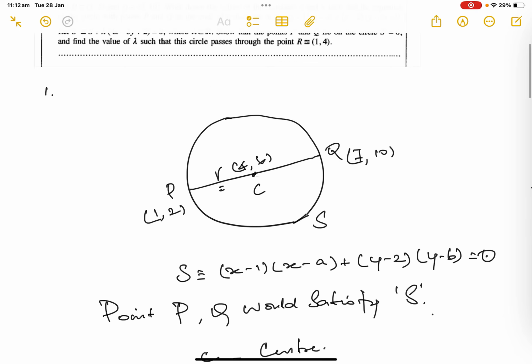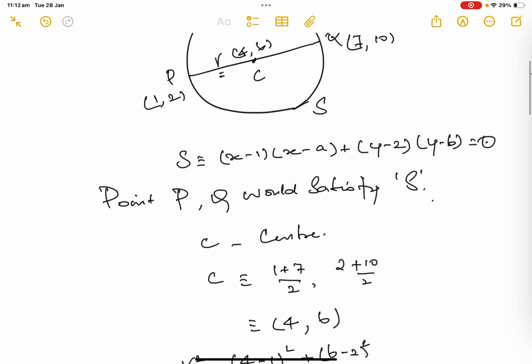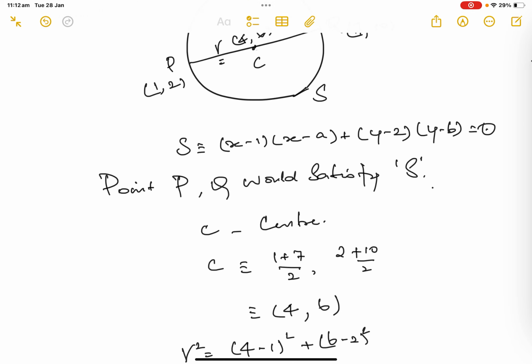Prior to that, here is a sketch of circle S, and the line going across the center, the diameter PQ, cuts the circle at P and Q. P is (1, 2) and Q is (7, 10). I also wrote down the circle equation that has been given in the question.